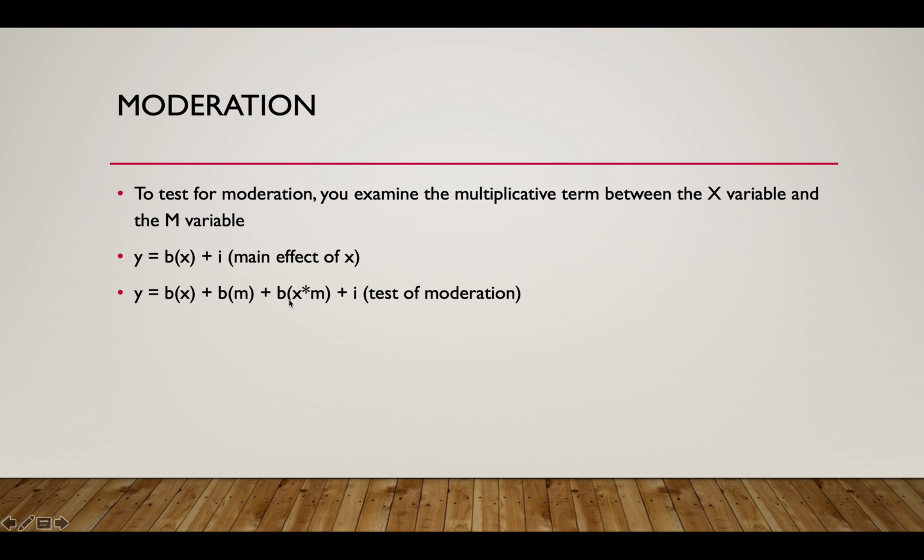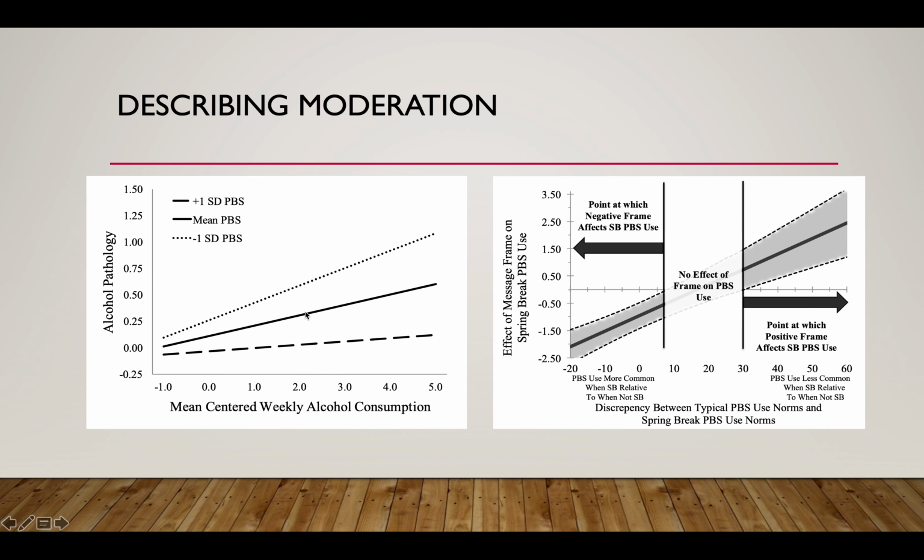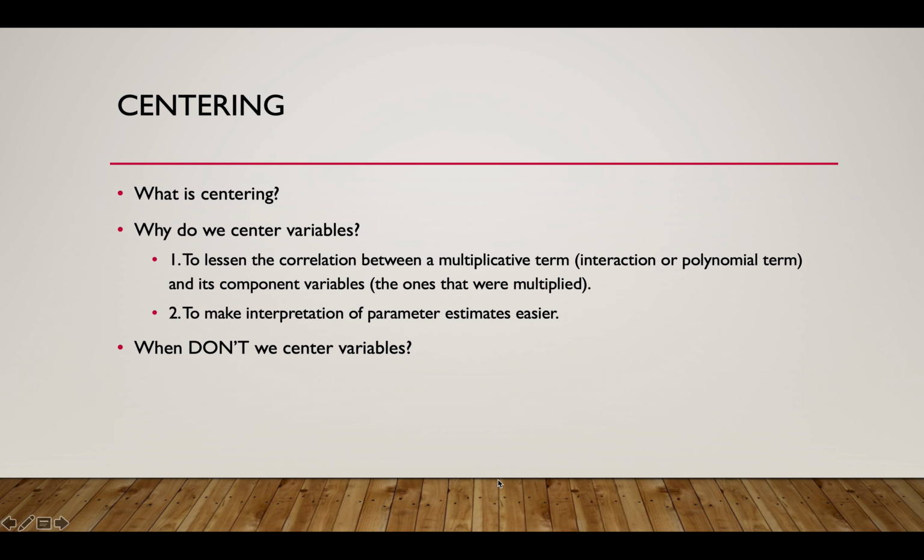The effect of this slope will be the same. But centering will keep this slope consistent with this slope so that we're looking at the actual effect holding everything else constant at 0. That's why centering becomes important, because plotting interactions is much more difficult otherwise.